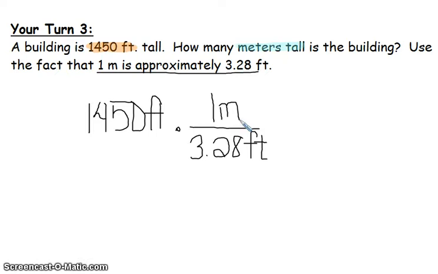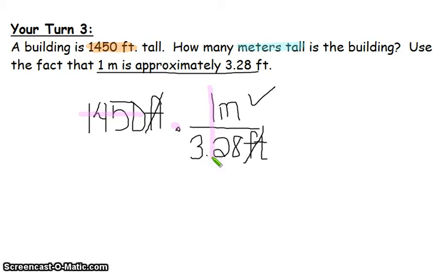So hopefully what you did from there is you divided out your common units, which leaves you with your meters like you needed. And then you have 1,450 times 1 over 3.28.